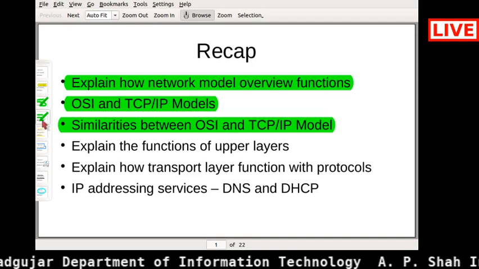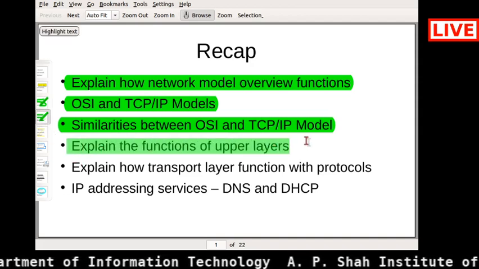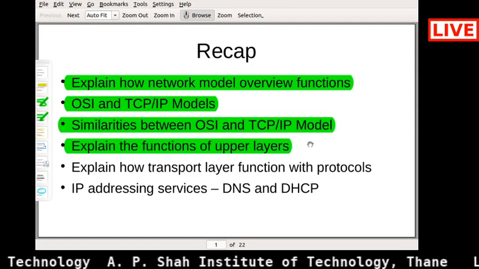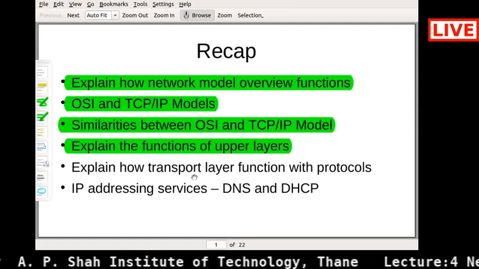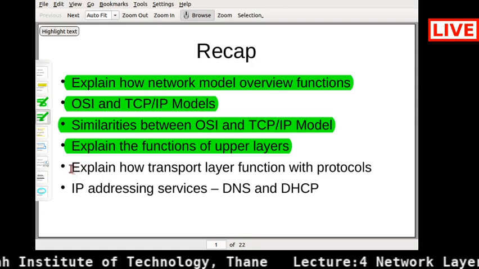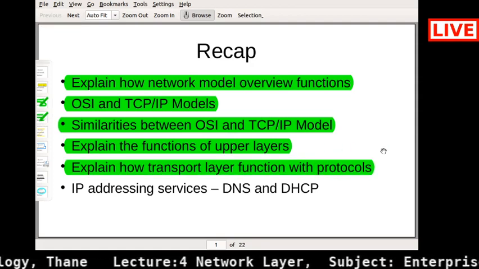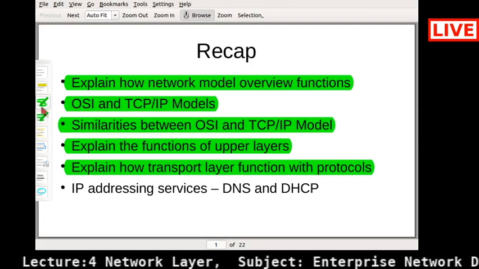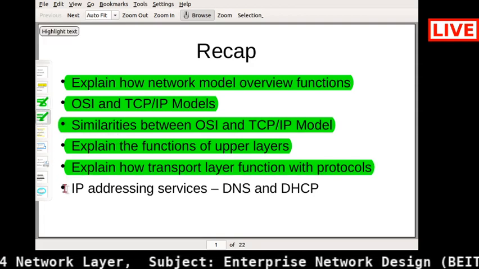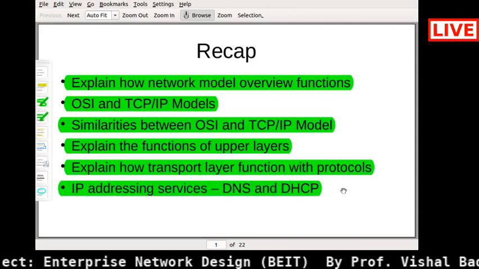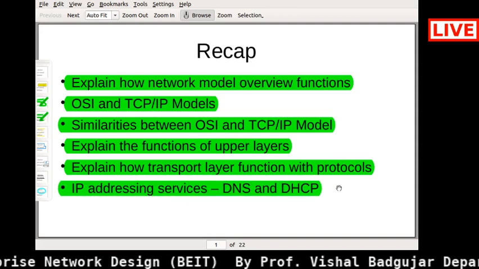Then we saw the different functionalities of the upper layers, that is the transport layer, session layer, presentation layer and the application layer, and the different protocols under each of the transport layers. In depth, we also discussed DNS and DHCP, that is, how naming can be used instead of IP addresses.